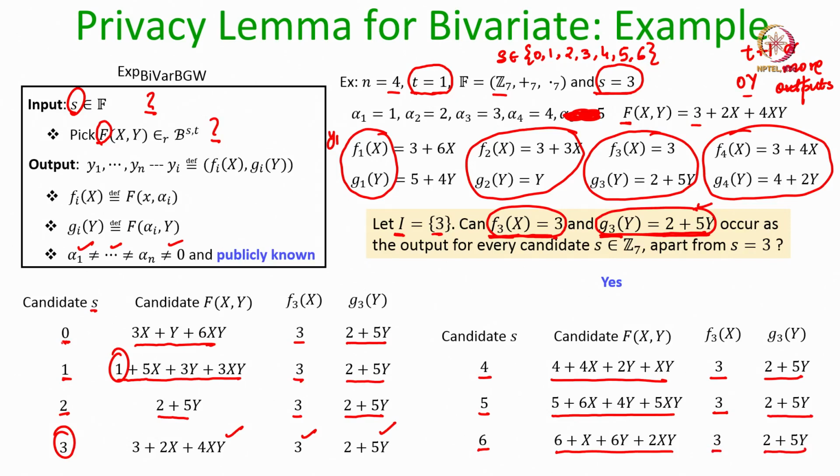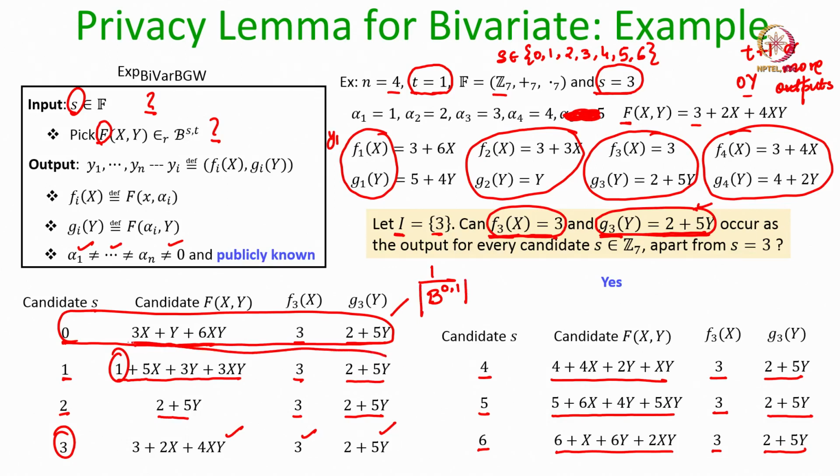So, now let us try to calculate each of the probabilities individually. What is the probability that this was the case? Well, this could be the case with probability 1 over the size of all bivariate polynomials whose constant term is 0 and whose degree is 1 over the field Z7.